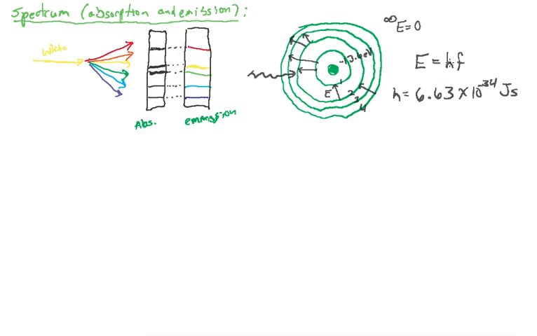And it's this that links energy to photon frequency. And so this is a very, very important equation. It's basically the energy of a harmonic oscillator in quantum mechanics, that E equals hf.